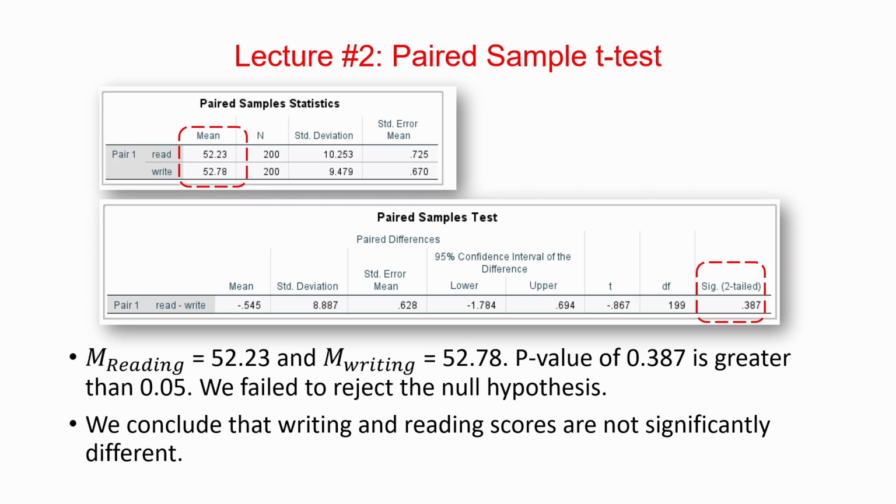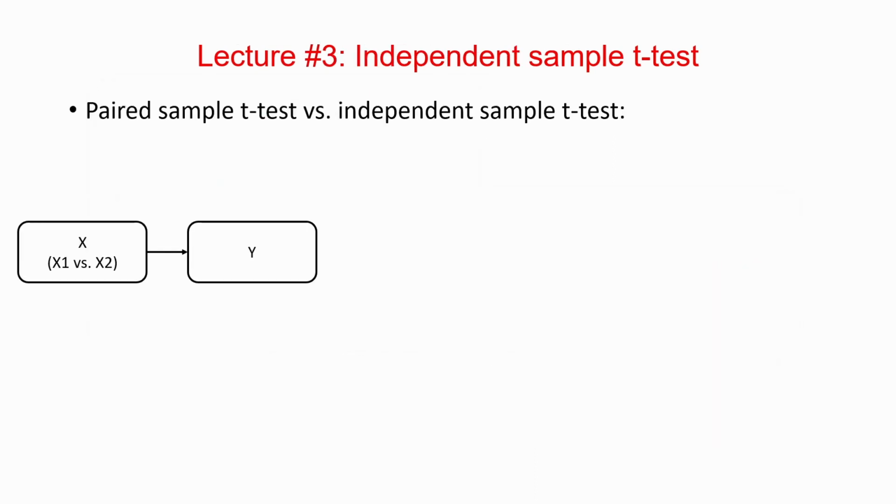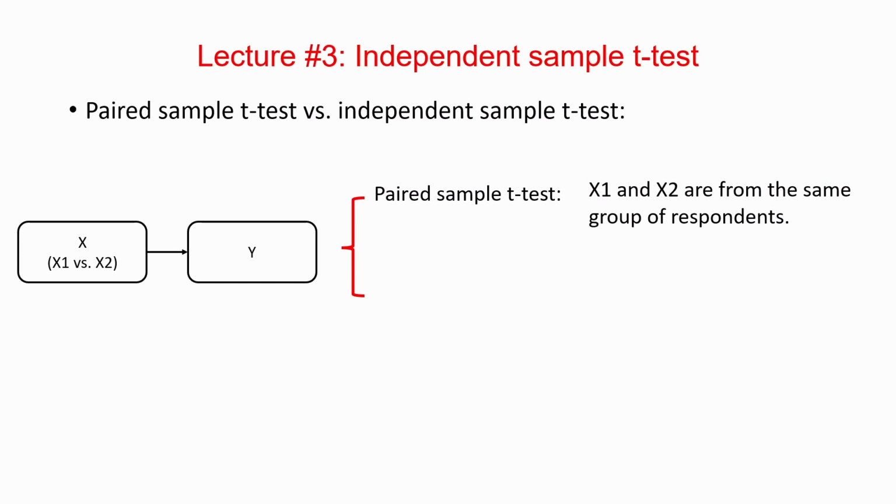Now we're going to see another t-test, which is called the independent sample t-test. Before going into the details of the independent sample t-test, I would like to remind you of the differences between the paired sample t-test and the independent sample t-test. In a paired sample t-test, data 1 and data 2 are from the same group of respondents.